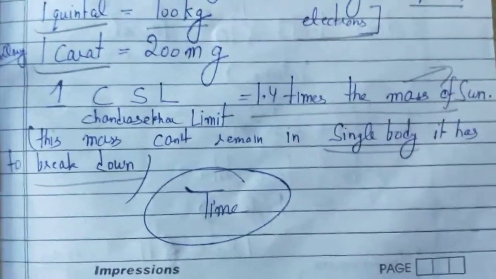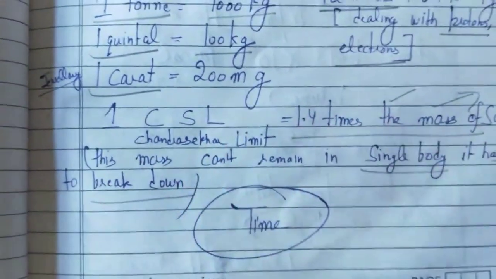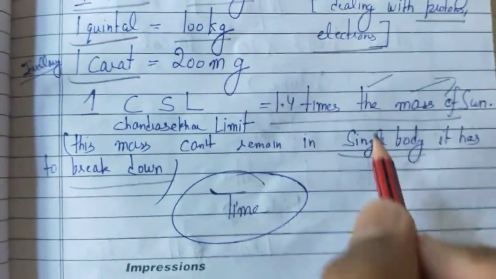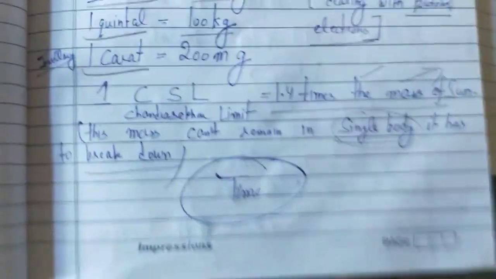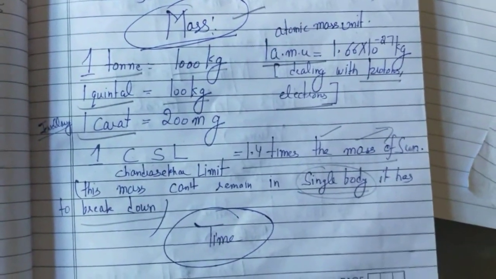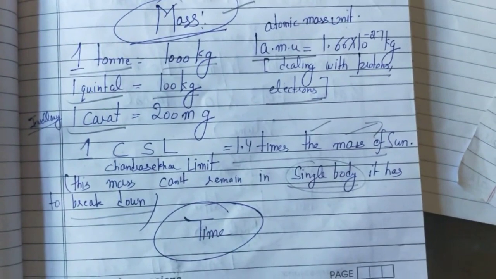That means a single body can't have a mass more than 1 Chandrasekhar limit. This is the maximum amount of mass that can be held by a single body. So we have discussed the practical units of measurement in case of mass: ton, quintal, carat, atomic mass unit, Chandrasekhar limit.